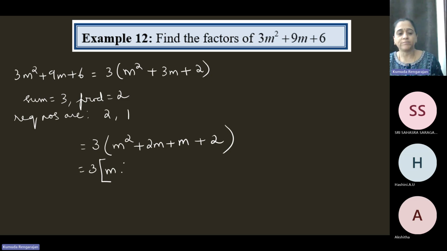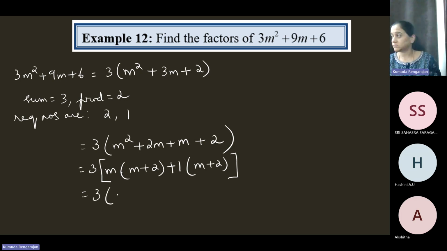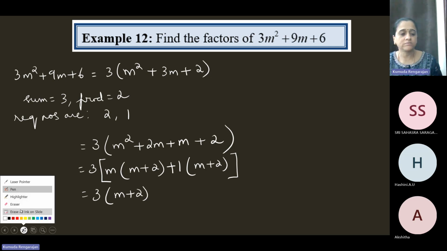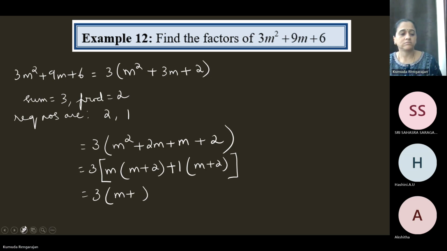What's common? m. m plus, the sign as it is. m plus 1 into m plus 2, or m plus 2 into m plus 1. Both are fine. So these are the factors of the given expression. Take down.